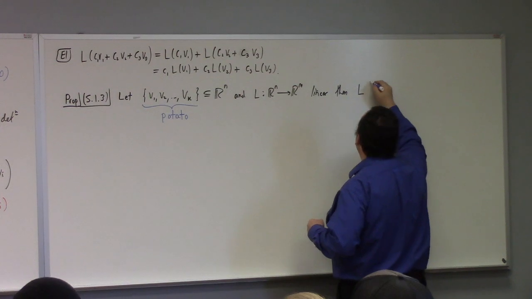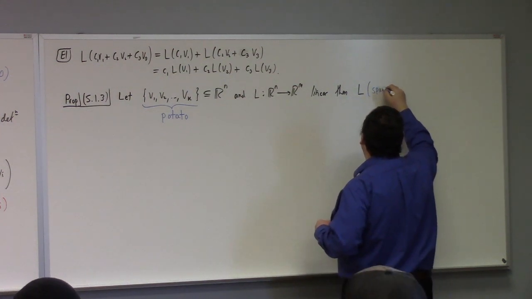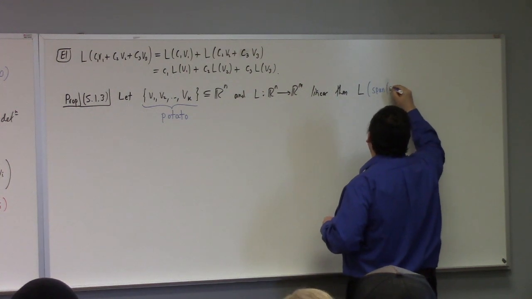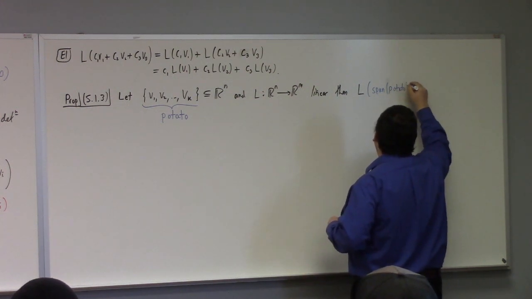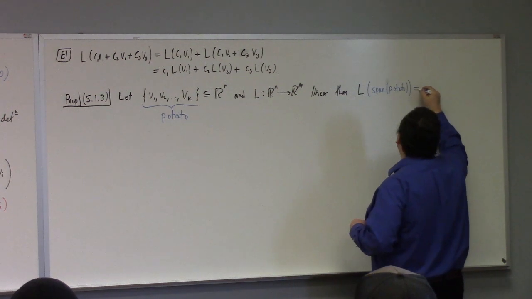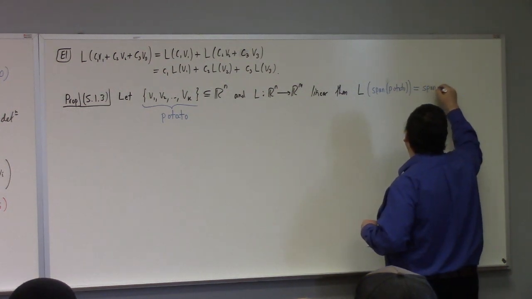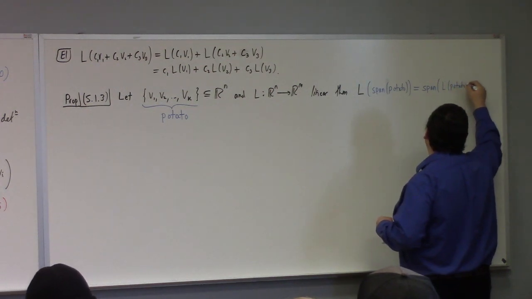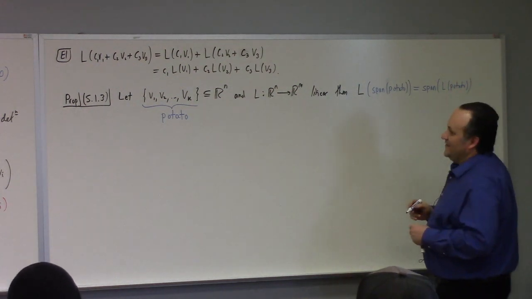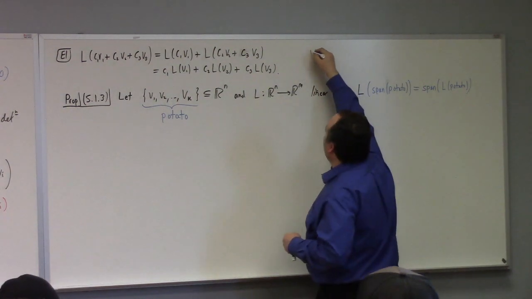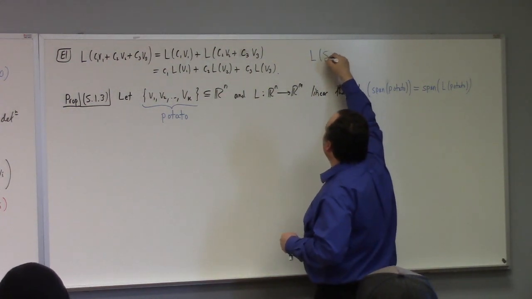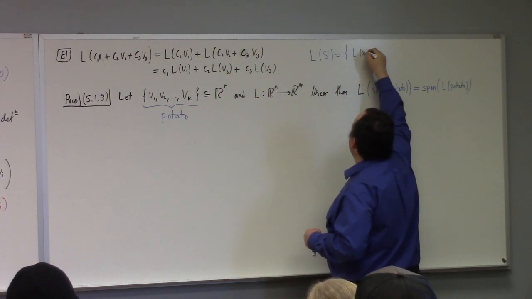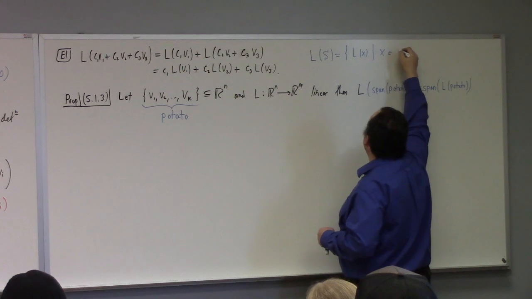So L of the span of potato is the span of L of potato. So this begs the question, what do I mean by L of S, by the way? This is by definition L of X such that X is an element of S, all right?